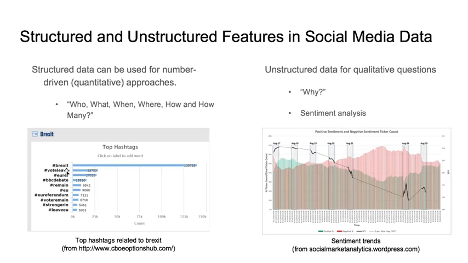How many tweets are using hashtag vote leave, and so on. And so this is an example of structured data because we're able to look for a specific thing and count them, right? And we're able to look for specific things because they're in the structured format.